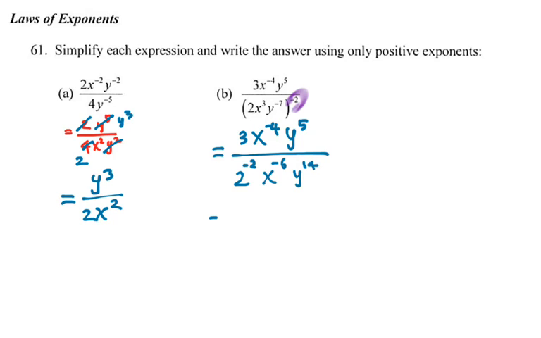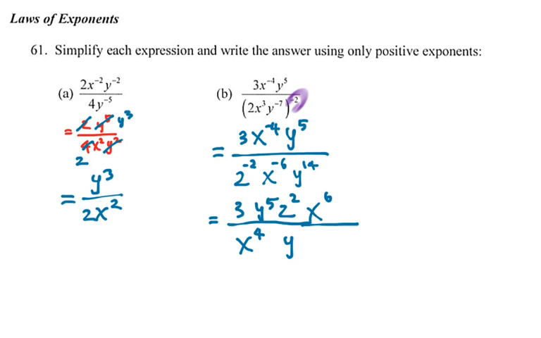Now, if you have to start moving things around, 3 is already there. Y to the 4th power comes down, and then x to the 4th power comes down, while y to the 5th power stays in because it has a positive exponent. And then 2 to the negative 2 power has to come up, and it becomes 2 squared in the numerator.